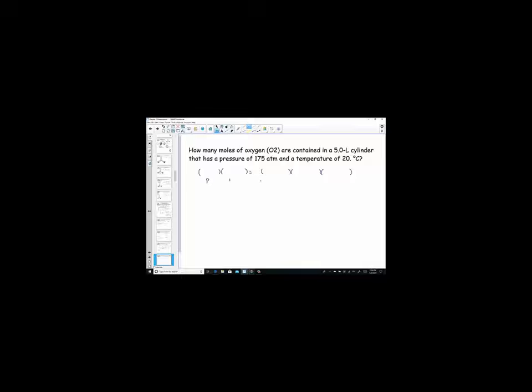Getting my parentheses ready for PUV equals NERT. The volume, how many moles? We're looking for moles. 5 liters is your volume. Pressure 175 atmospheres. So that matches the R constant, 0.0821. Temperature had to go in as 293 Kelvin units.